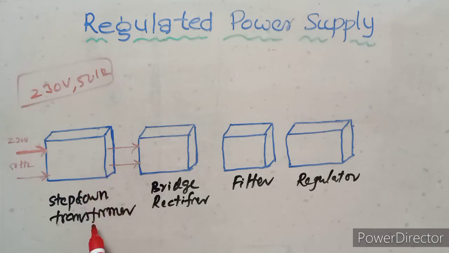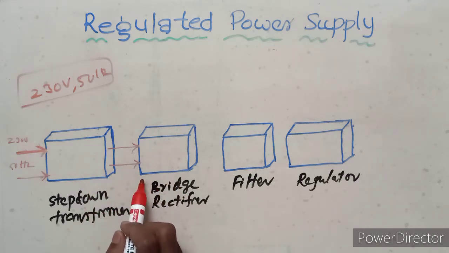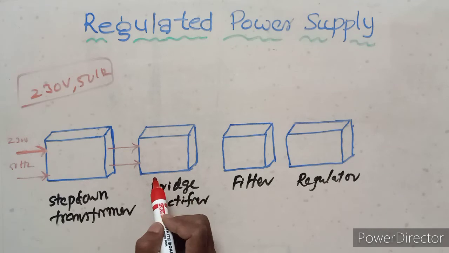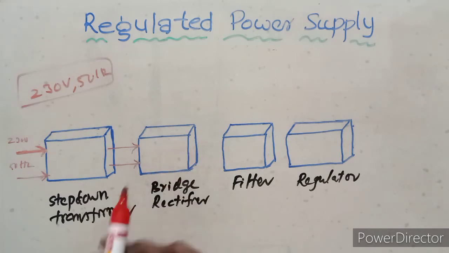The output of the step down transformer becomes the input of the bridge rectifier. The output of the transformer is given as input to the rectifier circuit.